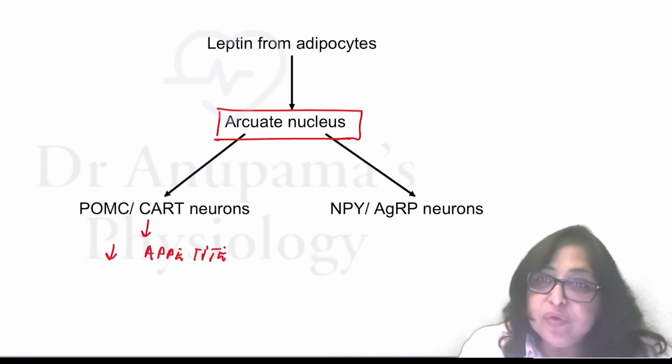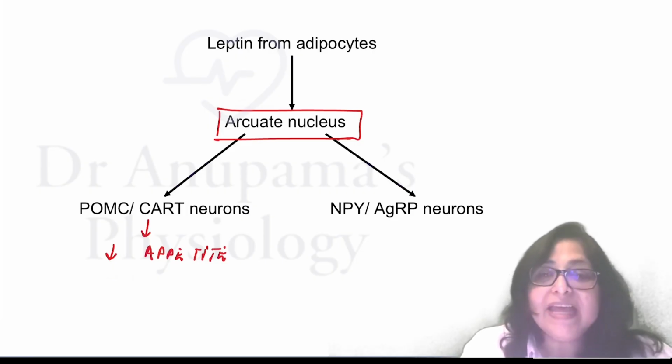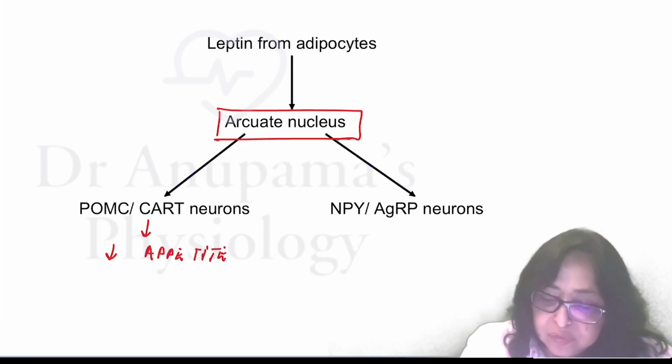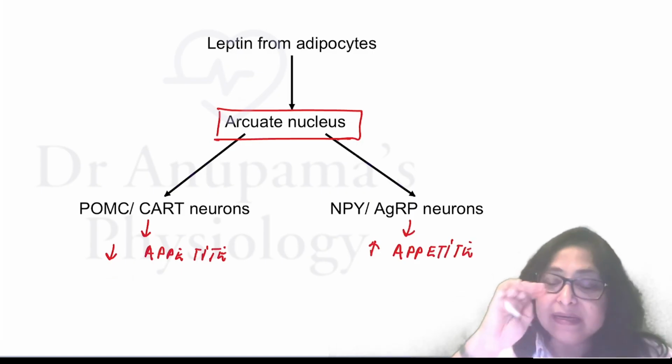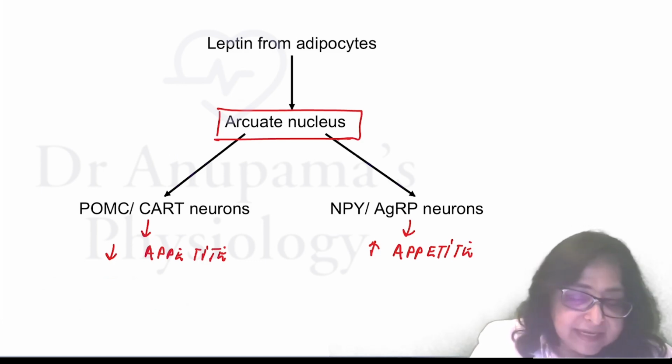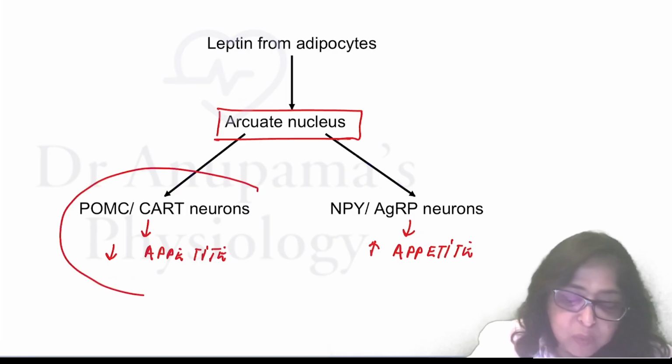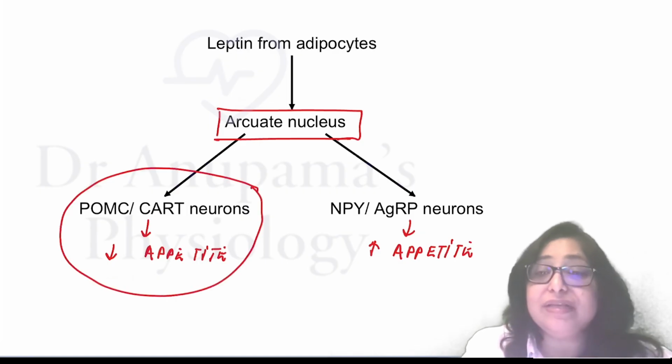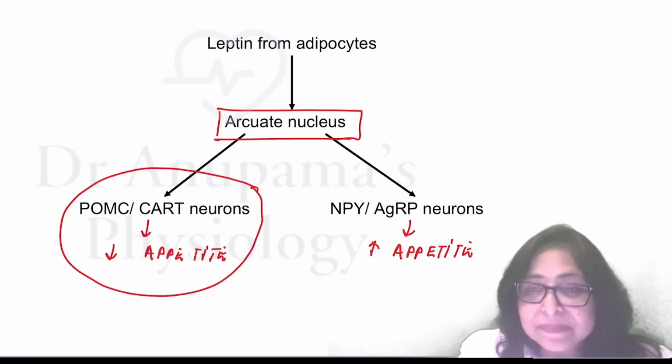Whereas the second type of neurons in the arcuate nucleus are NPY, which is neuropeptide Y, and AGRP, agouti-related peptide neurons, and these are orexigenic, or they increase the appetite. Leptin acts on the arcuate nucleus, and it affects the POMC or the CART neurons to decrease the appetite. So leptin produces a sense of satiety.